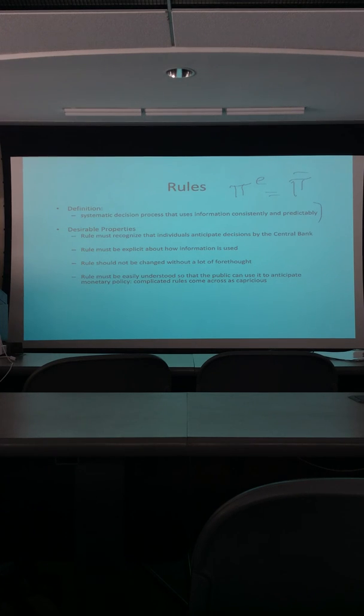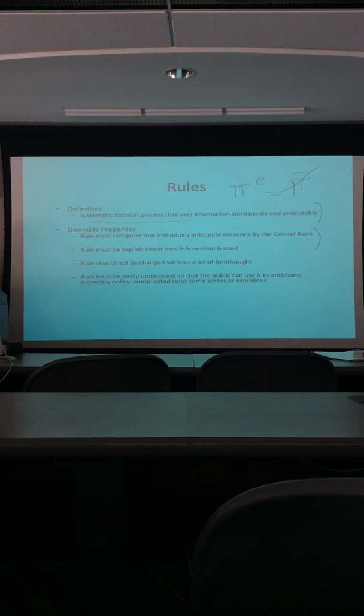Or what will allow me to revise my expectation? I look at what the central bank tells me, I look at what happens, and if there's a big gap, or if that gap is systematic over time, I ditch that. I revise my inflationary expectation. Okay, there's more than one rule that satisfies this.